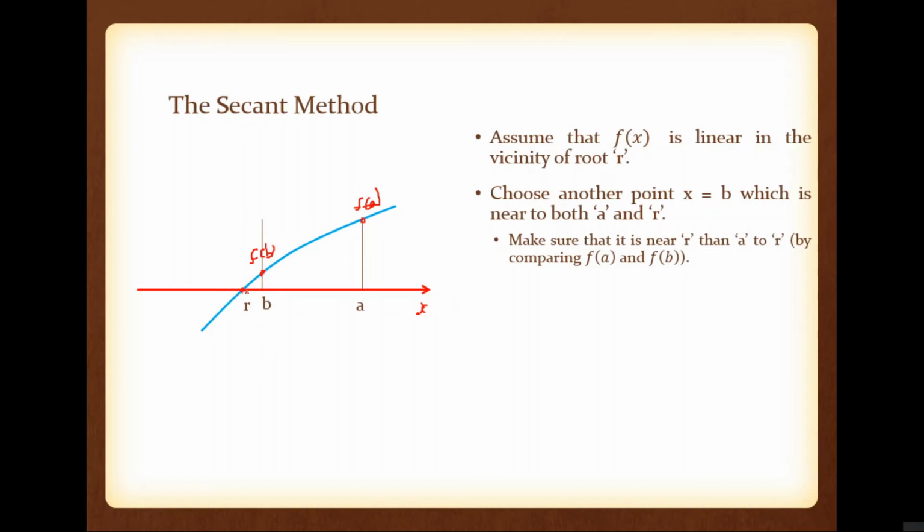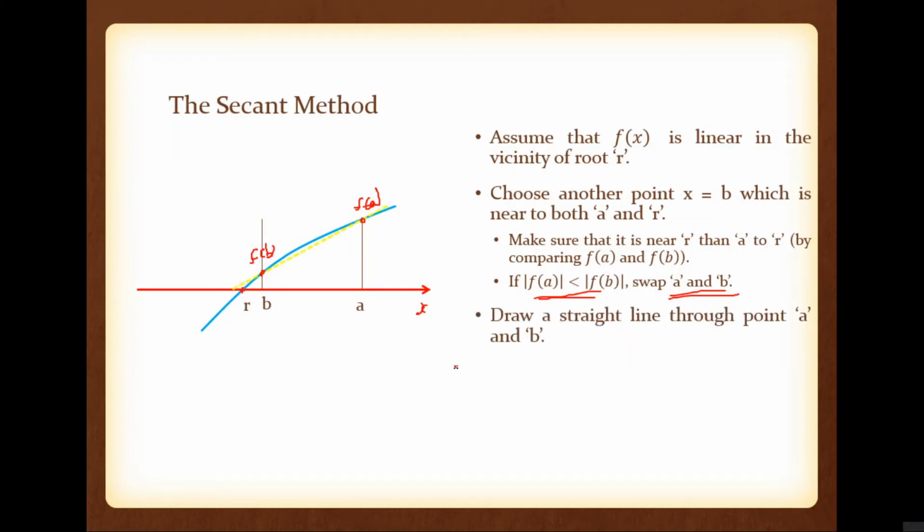If B is closer to r, definitely the magnitude of f of B will be less than the magnitude of f of A. So compare the magnitudes of f of A and f of B. The initial condition whose function value is smaller, you have to take as B. Suppose the magnitude of f of A is less than that of f of B; then you have to swap A and B. Why? Because the magnitude of f of B must be smaller than that of f of A. That is an important point.